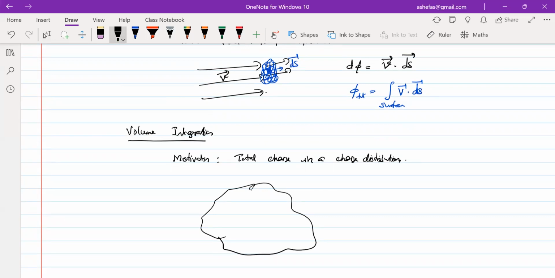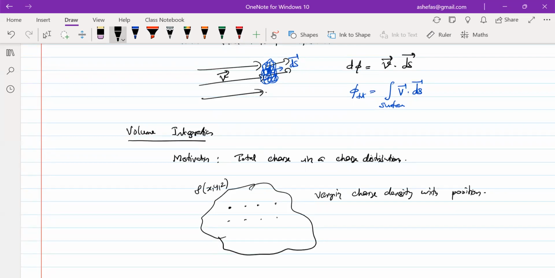Okay. Now this charge distribution has varying charge density. Okay, the charge density is not uniform. So varying charge density with position. Okay, so we have some variable charge density. So suppose I am denoting rho as the charge density. So rho of x, y, z. So when location changes, at different locations we have different charge densities.